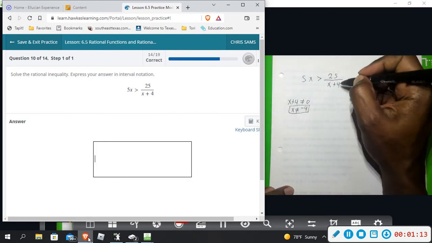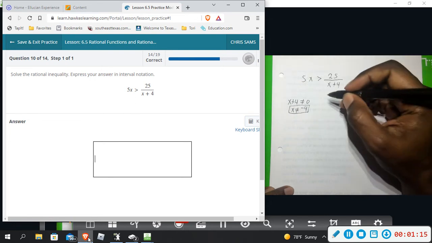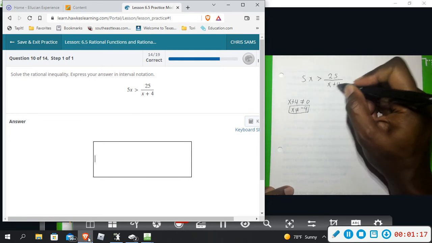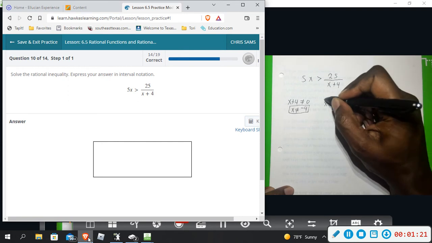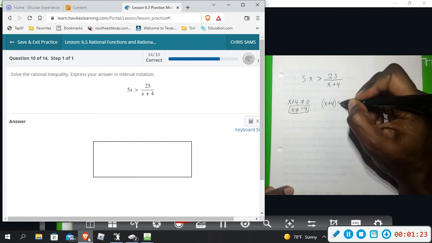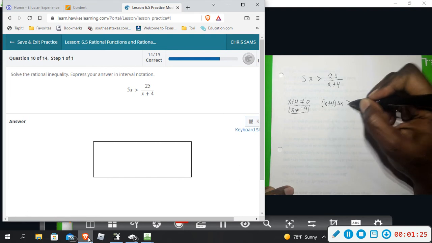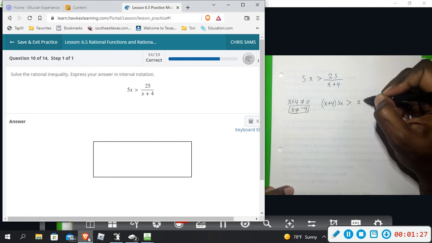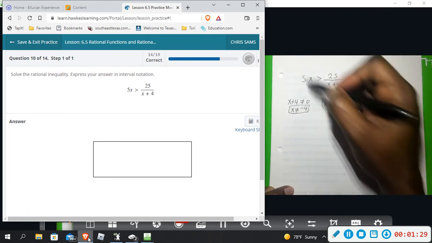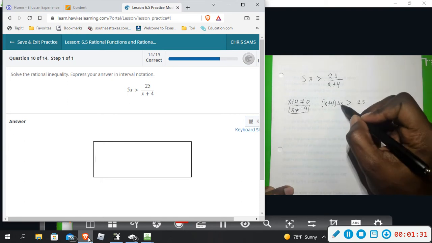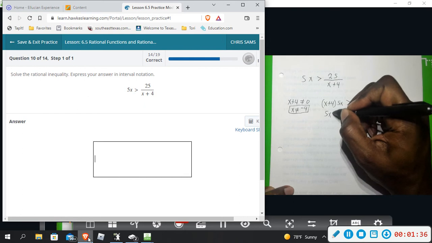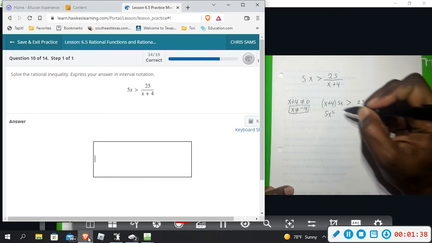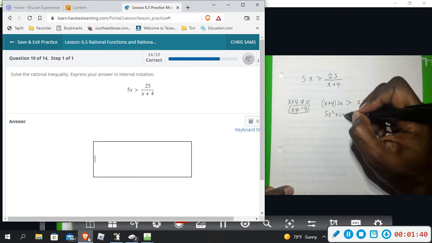Whenever you have a fraction, it's just easier to multiply both sides. So I'm going to multiply both sides by the denominator. So I'm going to do x plus 4 over here times the 5x. And then over here I would just have the 25. So it's like multiplying this and moving it over. I'm going to distribute. So it's going to give me 5x squared plus 20x.